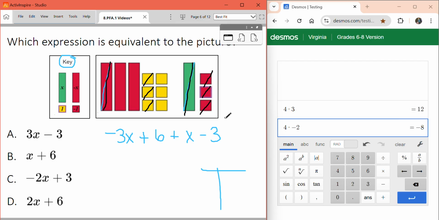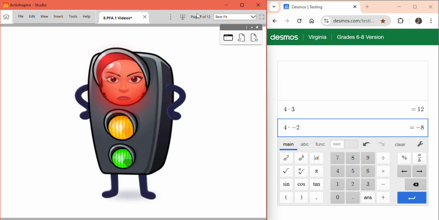And then whatever I have left is going to be my answer. So now all I have left is 2 negative x's and positive 3 1s, which means my answer is C. And I think that means, yep, we are done.